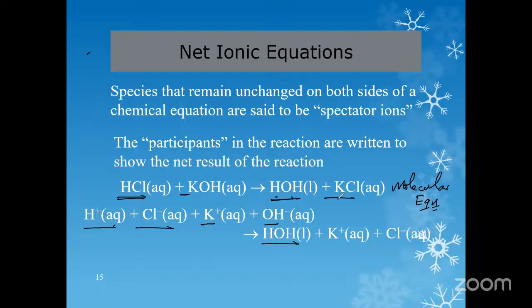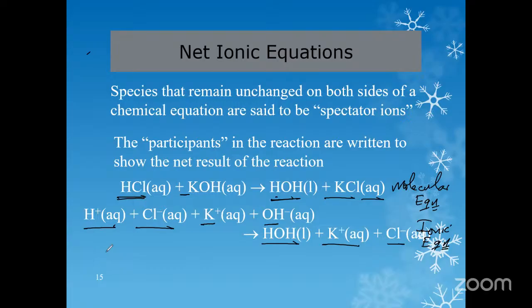If you have any ionic compound in an aqueous solution, it will undergo complete dissociation, so it will dissociate to form K plus and Cl minus. This is called the ionic equation, because it shows you all the ions that would be formed as a result of the dissociation of different substances in the molecular equation.